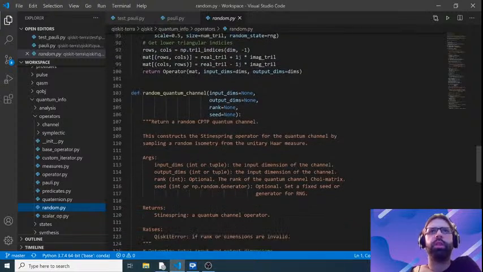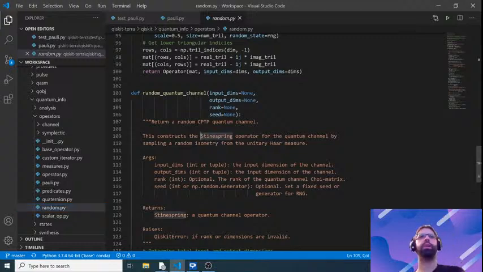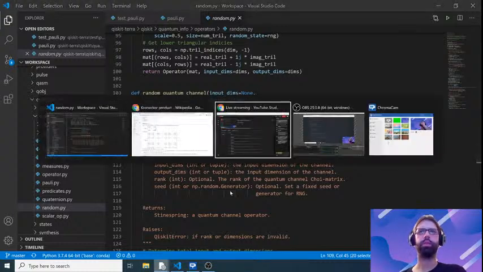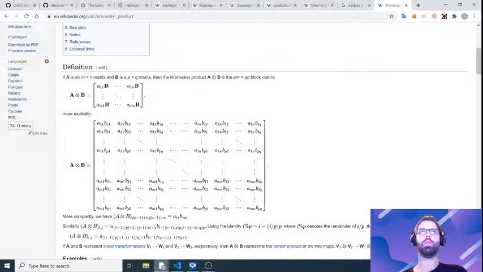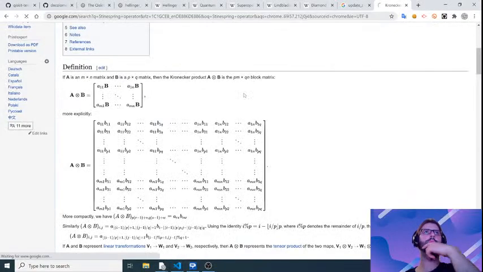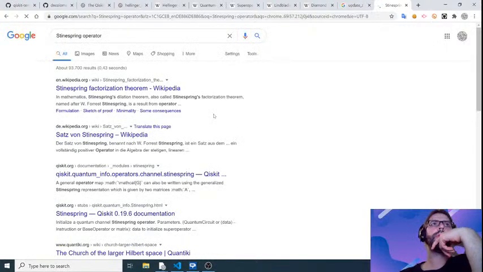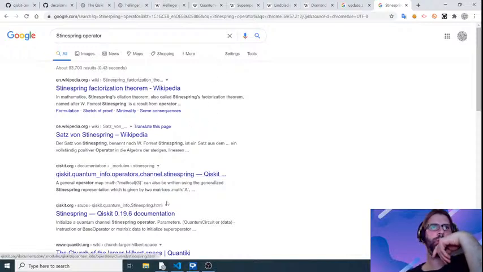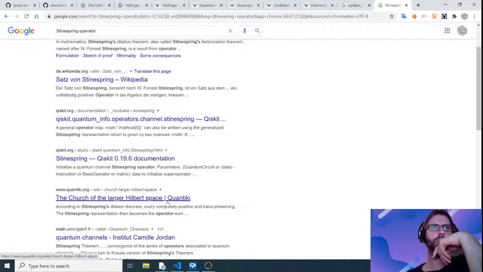This constructs the Stinespring operator for the quantum channel by sampling a random isometry from the unitary Haar measure. What is this? Let me go back here. Stinespring factorization.